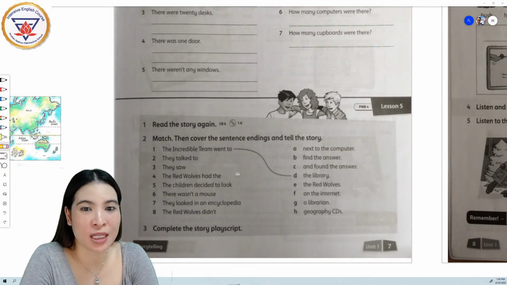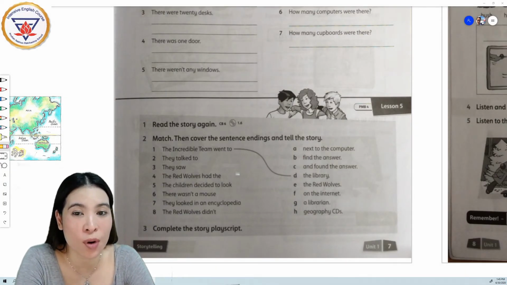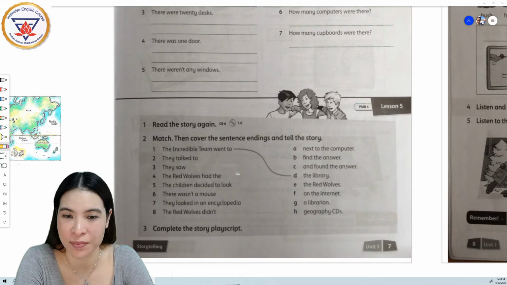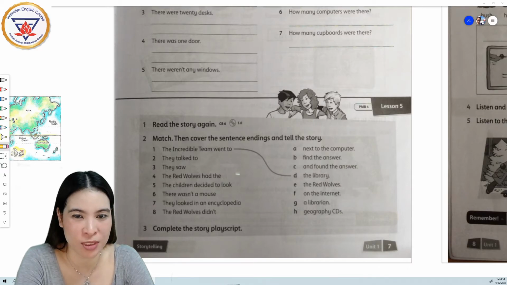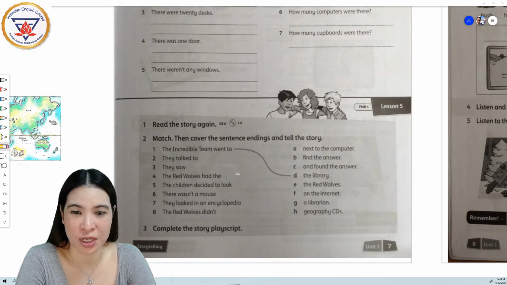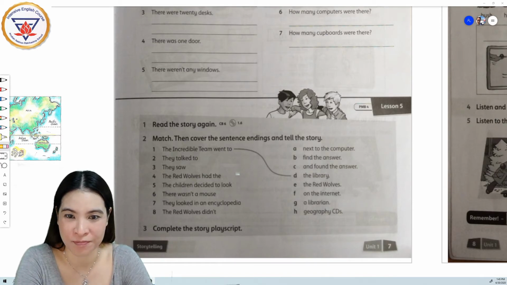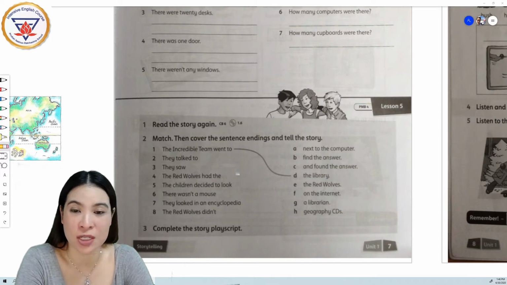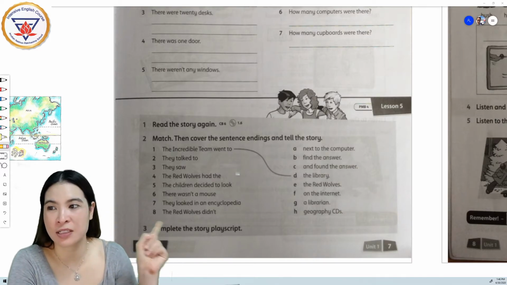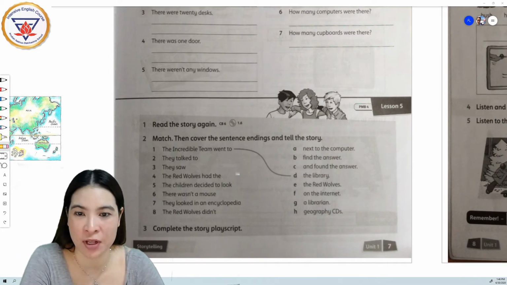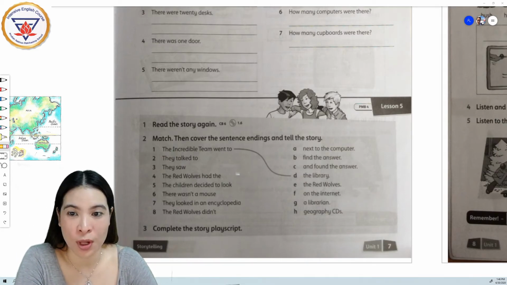Who still remembers the story from the library where the Incredible Team had to go to the library to find out how long the equator is? Well, on page 7 in the activities book, you will have to match the sentences together.